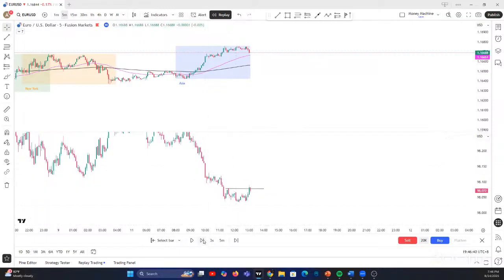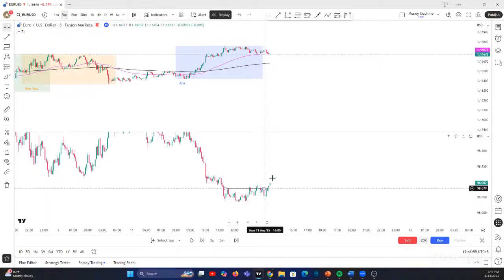Okay, then what do we need? A bullish engulfing, right? Bullish engulfing. Not yet. Okay, now it's going more.